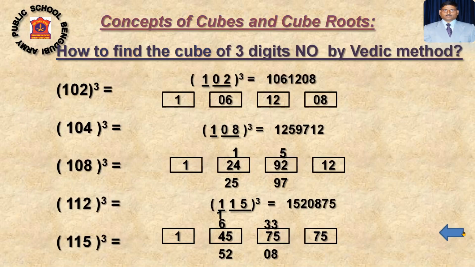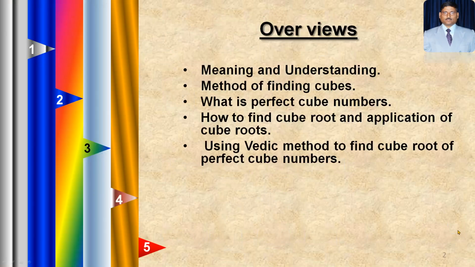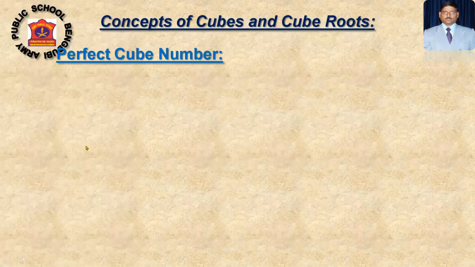So now then what to do? This is about how to find out this cube. Applications of the perfect cube number. What do you mean by perfect cube number? Any number which can be represented as a product of pairs of 3 prime factors, then we will say that number is a perfect cube number.